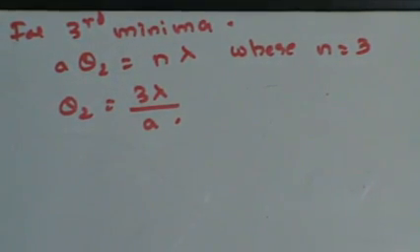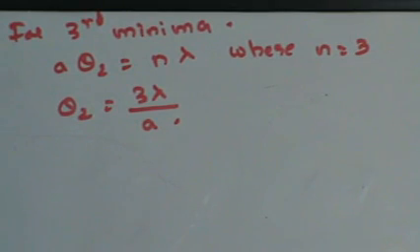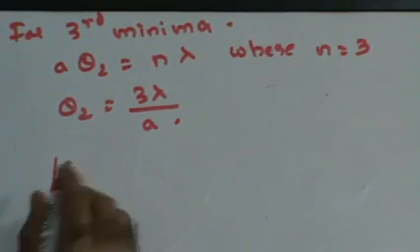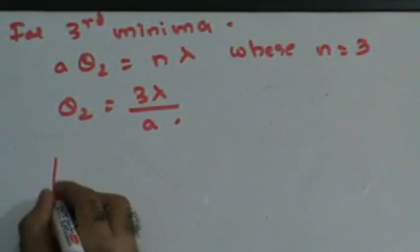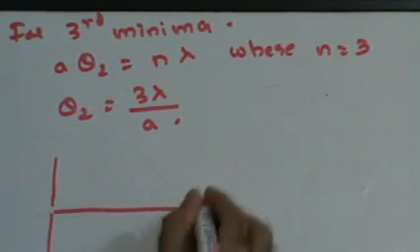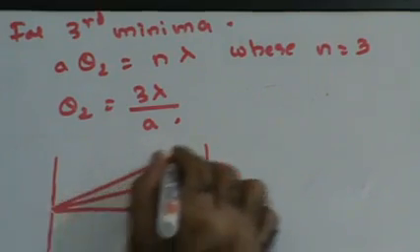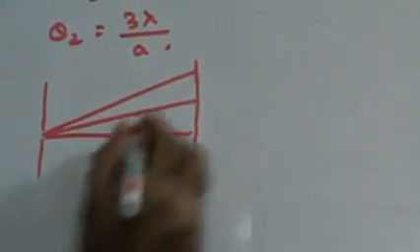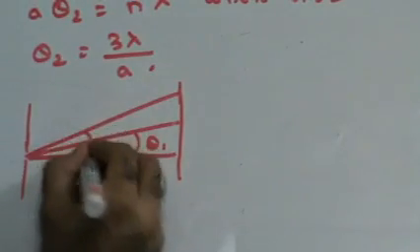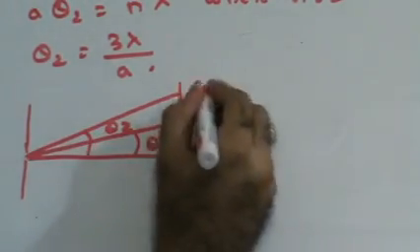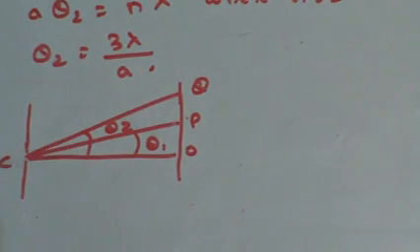So that is going to be my angular diffraction there. Now let's consider, I'll just draw this diagram again here. Central bright band, first minima, third minima. This angle is θ1, this angle is θ2, this was O, P and Q, and let's call this point C.